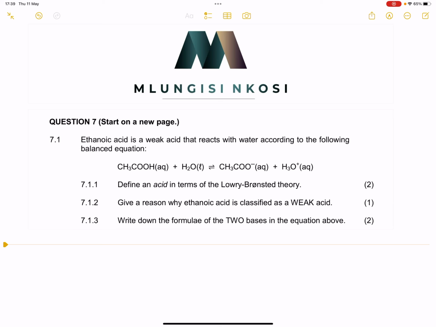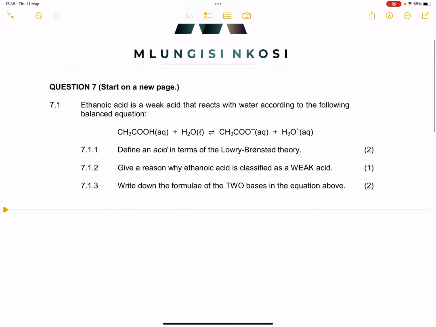Okay. Right. So in question 7, they've given us, this is by the way from the November 2022 exam, right? So they say ethanoic acid is a weak acid that reacts with water according to the following balanced equation.